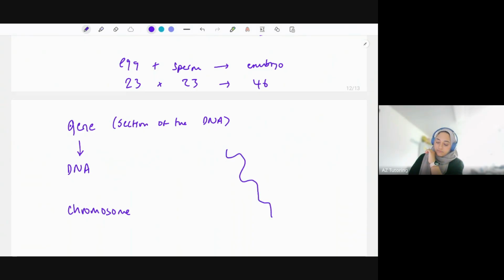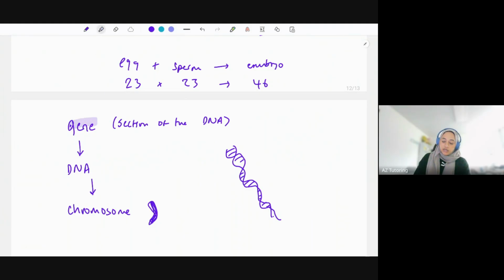Now the DNA, so deoxyribonucleic acid, is a really long strand of genetic information, and we can't have a really long strand of genetic information. So what happens is it coils up, and that's what forms your chromosomes. So your chromosomes are essentially made up of DNA. It's just all coiled up and packed together, and then that sits inside the nucleus of a cell.